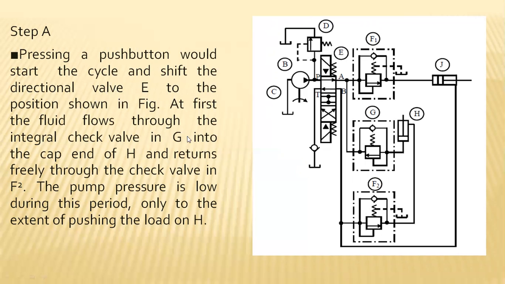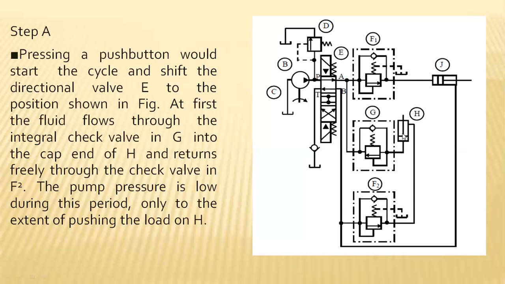At first, the fluid flows through the integral check valve of G into the cap end of H and returns. Integrally it flows towards G and enters into the cap, and then it returns freely through the check valve within F2.